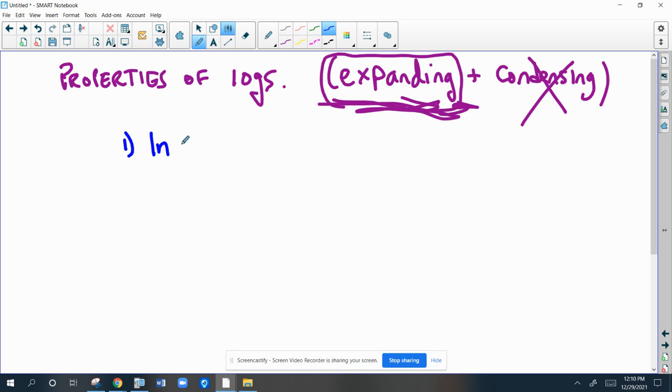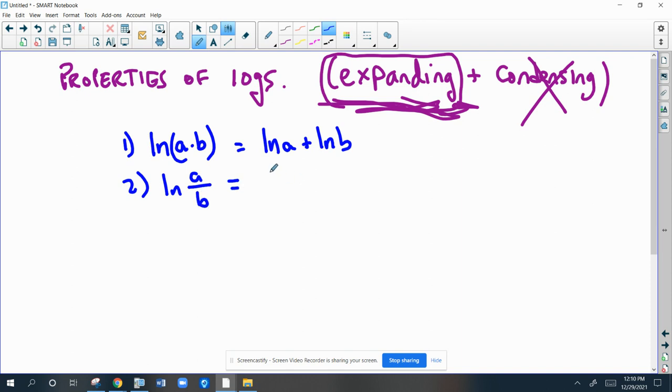If you have a log of a product, like A times B, that expands into the log of A plus the log of B. If you have a quotient, A divided by B, that would be the log of A minus the log of B. And finally, if you have the natural log of something that is raised to a power, so we'll say a to the n, you can basically bring that power down.